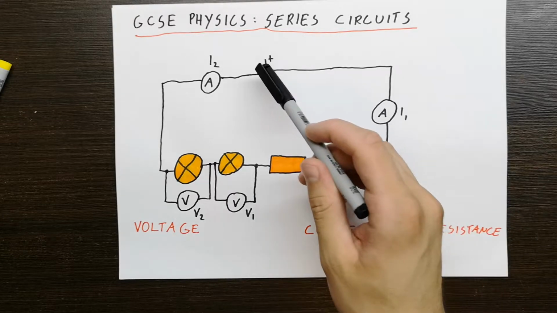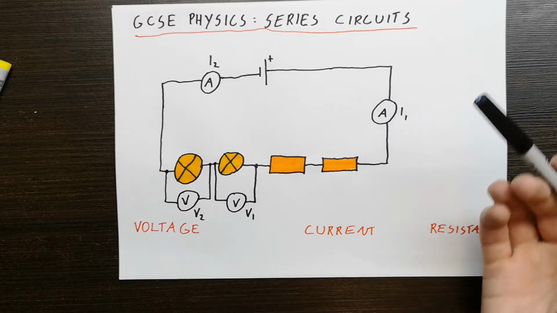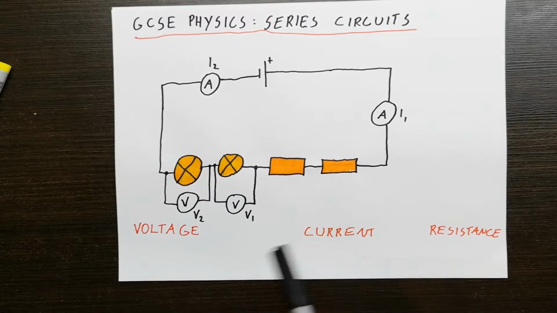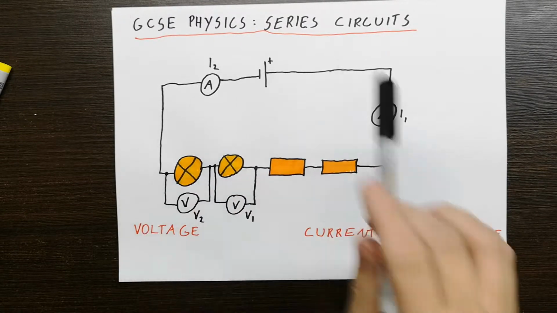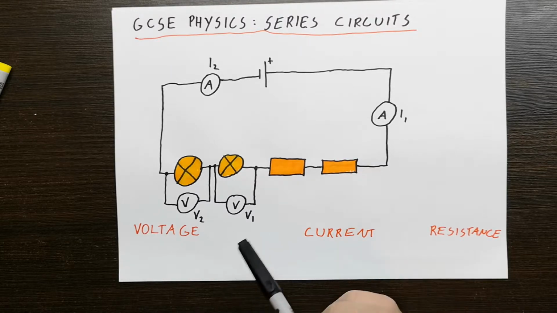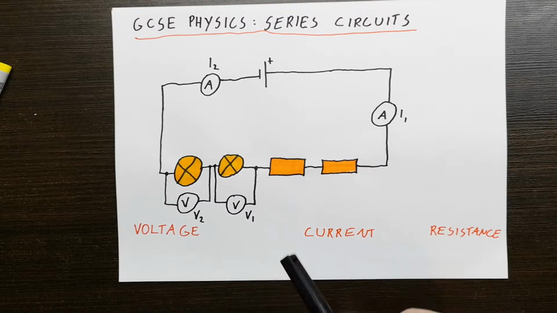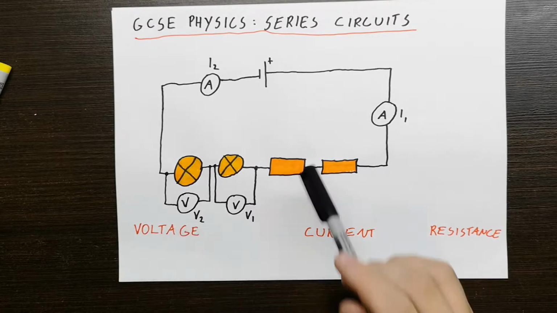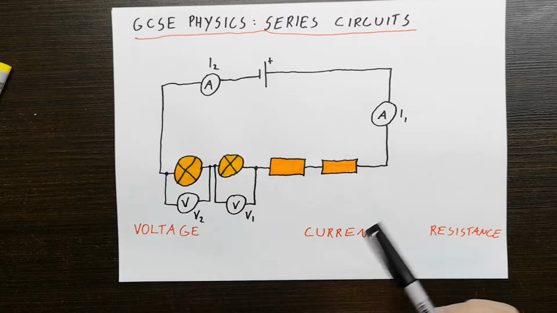Basically the cell provides the voltage, the driving force. Now, how do we determine voltages across all these different points? In a series circuit, voltage is measured by adding up the potential differences of all these different components.